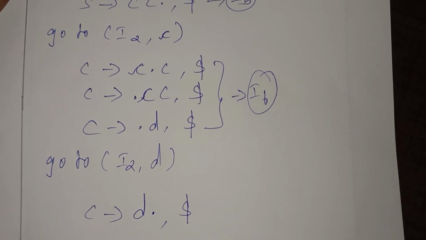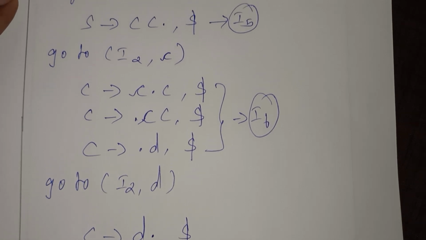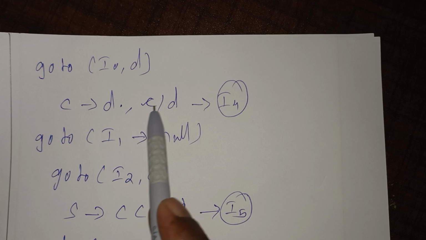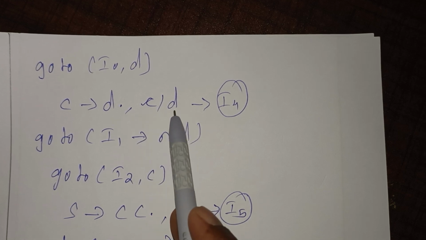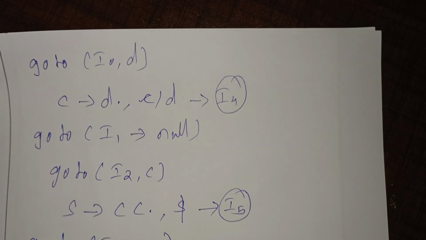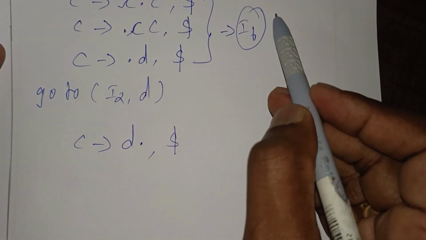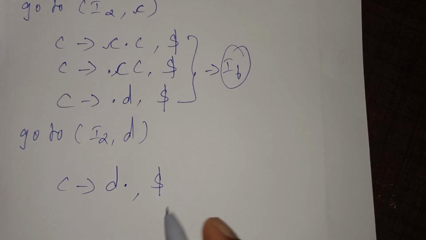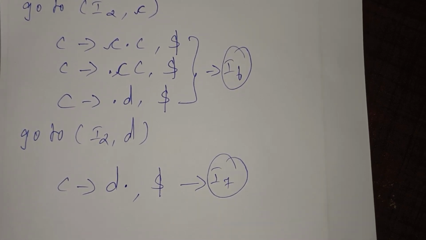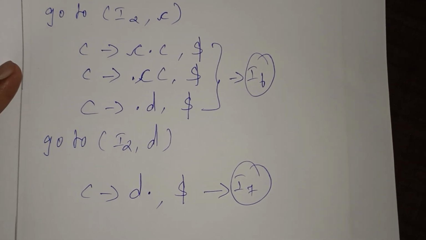Let us check whether we have this already. Yes, we have. Here you can check it: C tends to d dot, and this d ends with the lookahead value c slash d, but here it is ending with dollar. So this is not similar, this is a new state. So I'm mentioning it as iteration number 7, right?